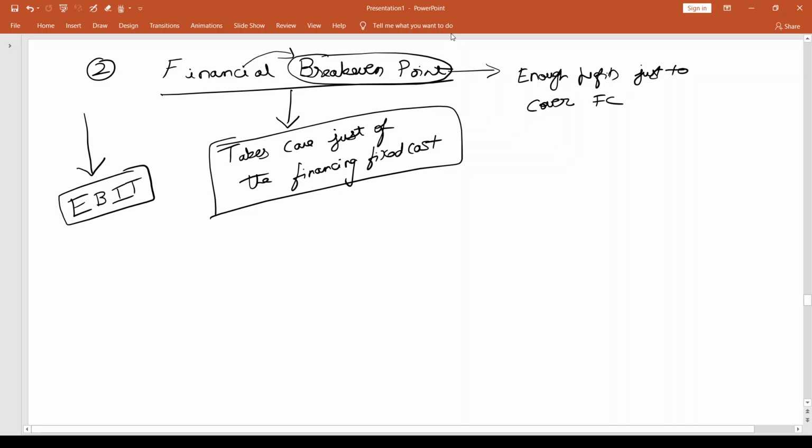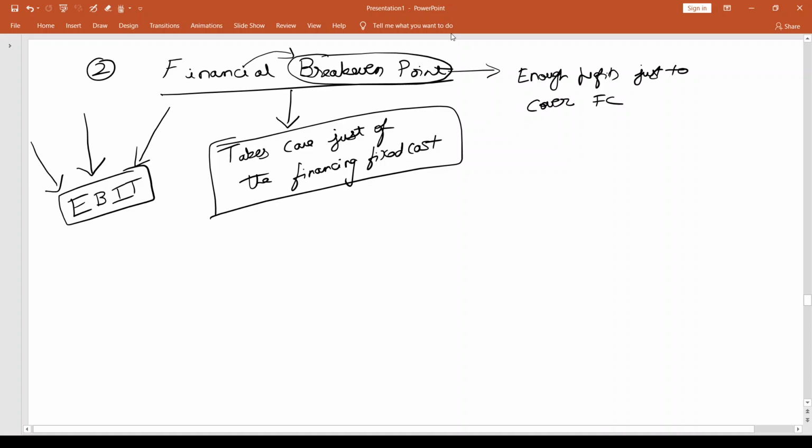So the level of profit that must come to your mind is EBIT, which is what we call operating profits. If you have operating profits which are just sufficient to take care of your financing fixed cost and leave you with nothing more, then that level of EBIT is the financial break-even point.